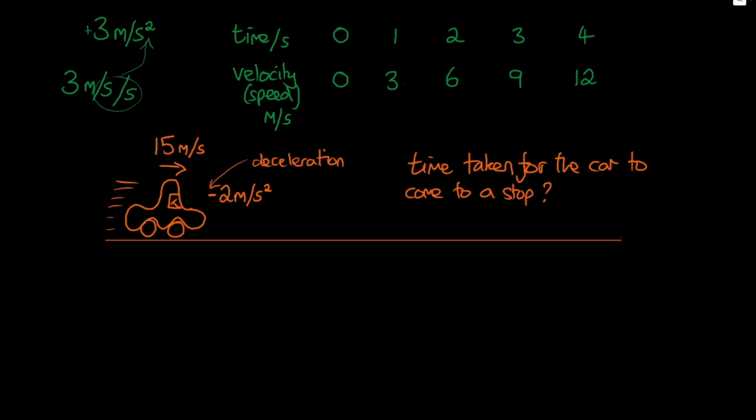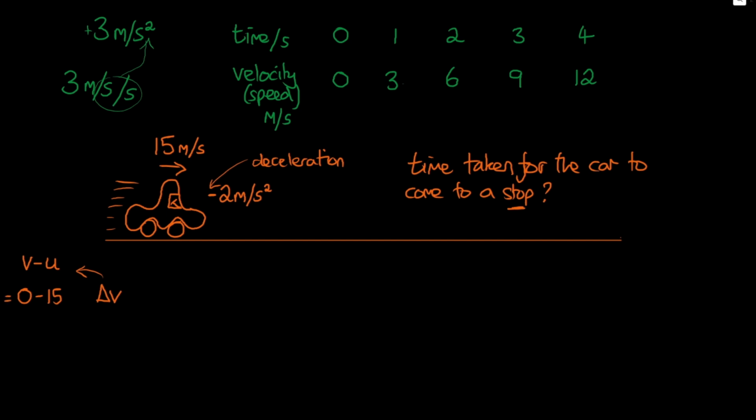Well, let's do a little data list here. What do we know? First of all, what's our change in velocity? Remember, earlier on, I said that change in velocity, you can think of it as the final velocity minus the initial velocity. Our final velocity here is coming to a stop, coming to rest, so that's going to be 0. Our initial velocity is 15.